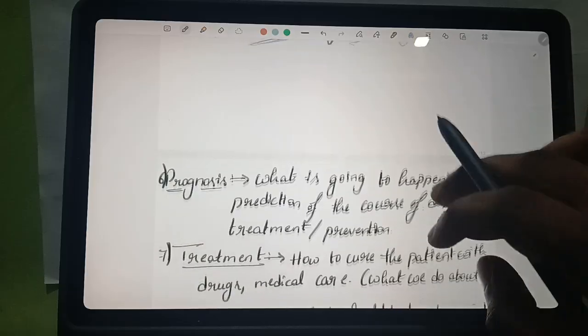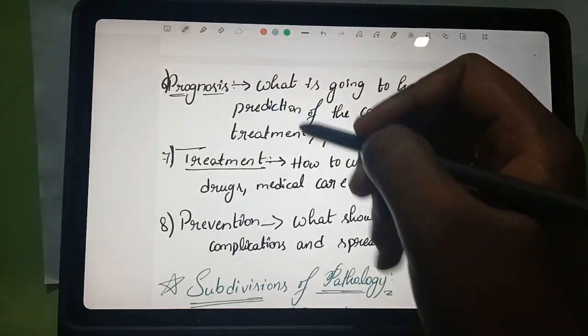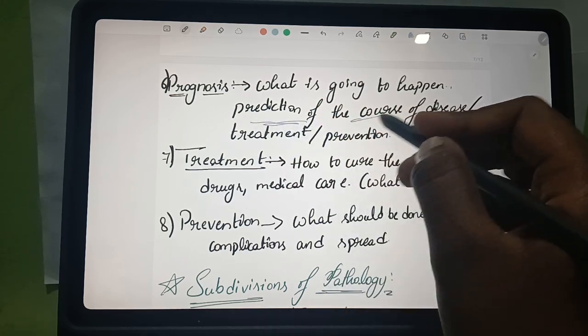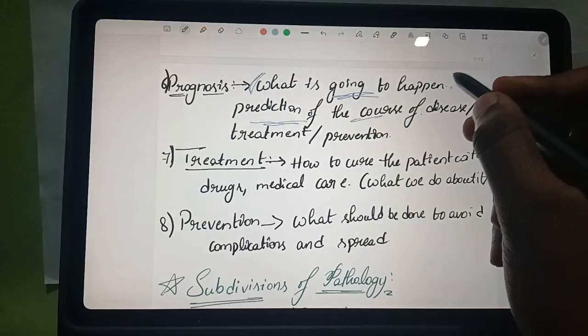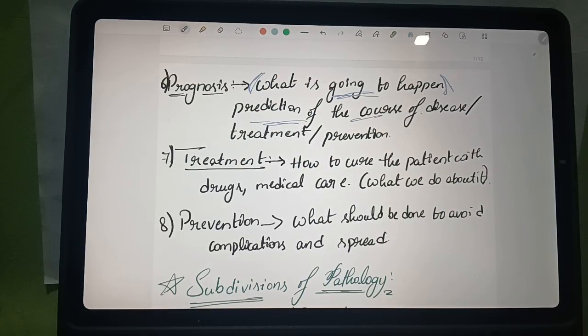Then go to the prognosis. Prognosis means what? It's a prediction of the course, what is going to happen if we take a disease or treatment. In a disease, there will be some stages.